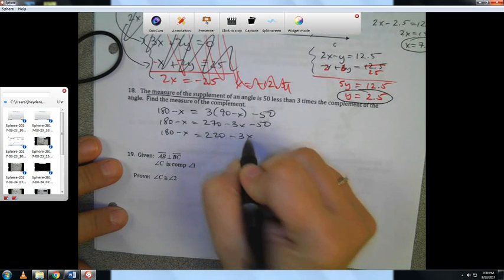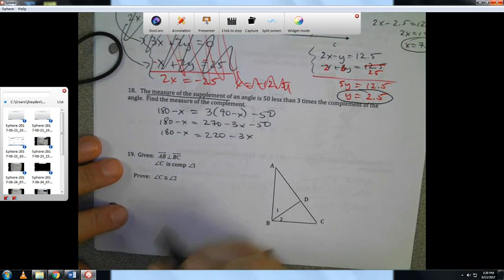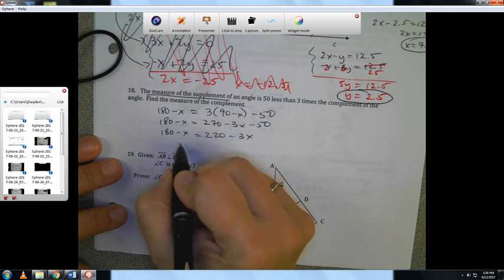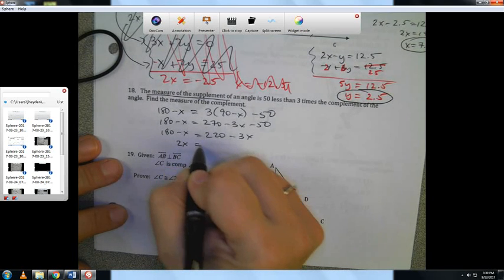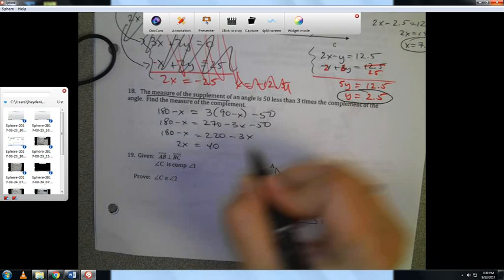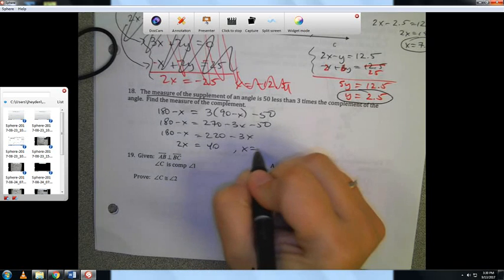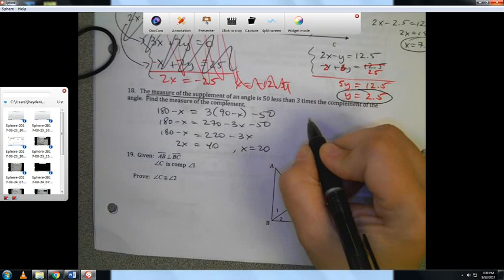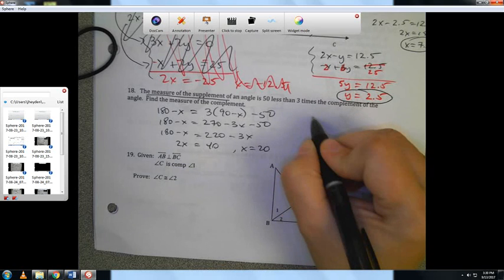Add 3x to this side, and you get 2x equals 220 minus 180, which is 40. So x equals 20. The measure of the complement. Well, x is the angle, so the complement is 70 degrees.